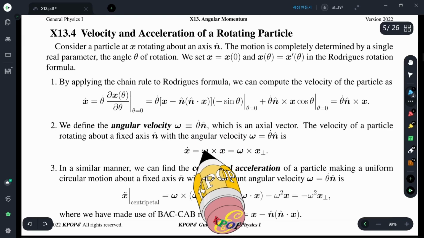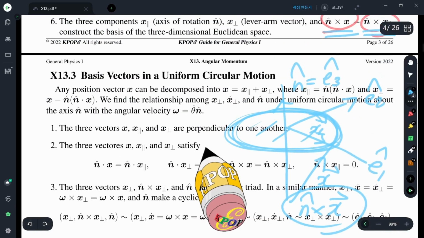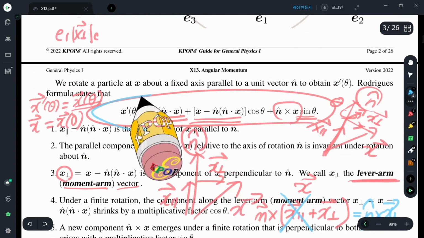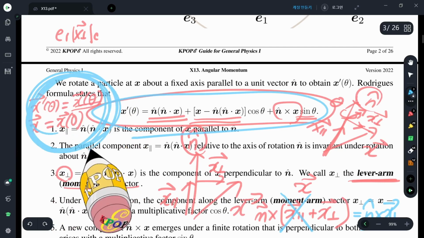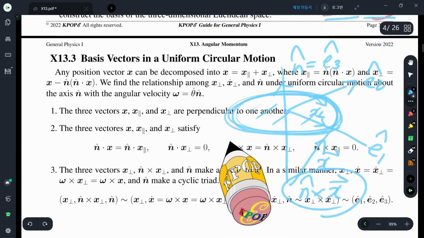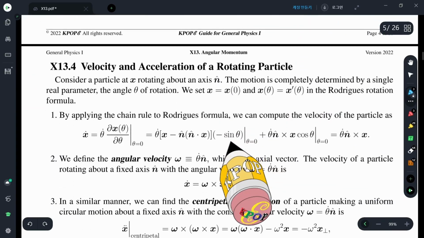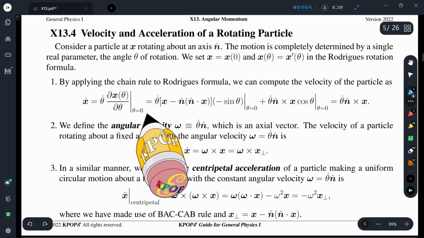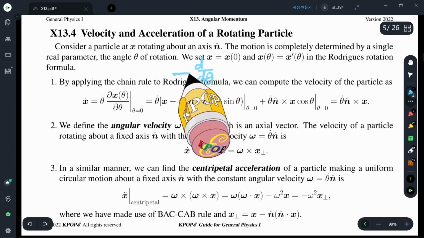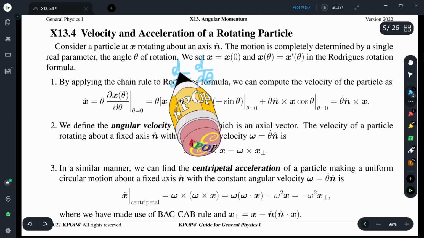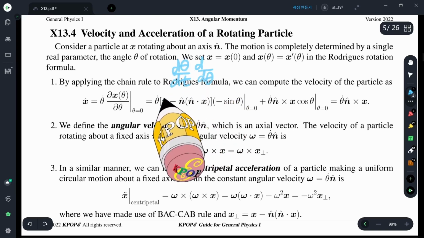Velocity and acceleration of a rotating particle. We just copy the formula, carrying out this replacement, and take the derivative with respect to theta, and then using chain rule, take the time derivative of that angle.